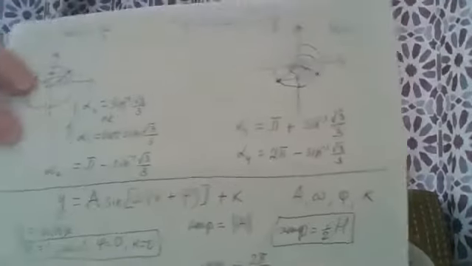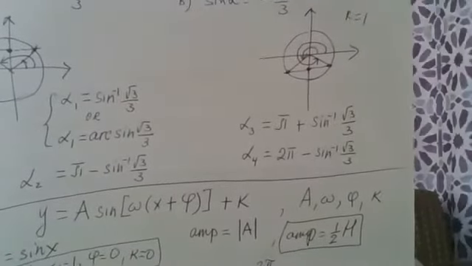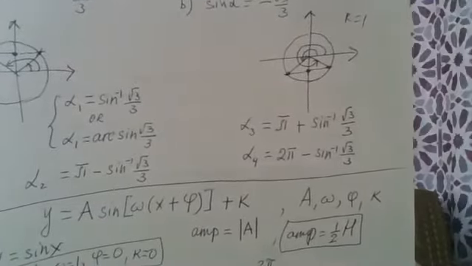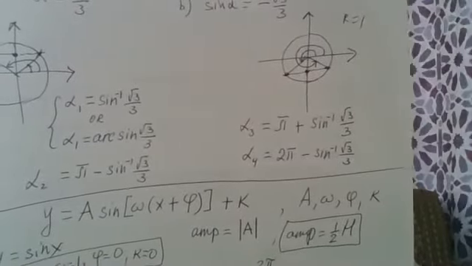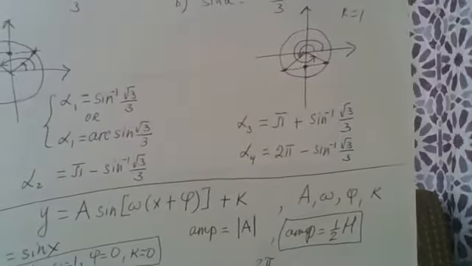So can you look at this box, y equals A sine of omega times x plus phi, plus k? I would like to say something in addition to what I already said about k. K here is affiliated with a vertical shift.